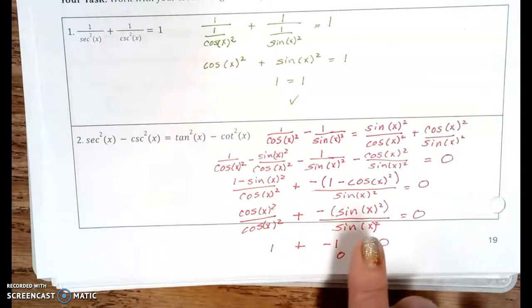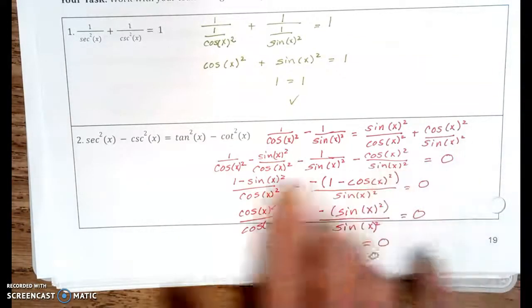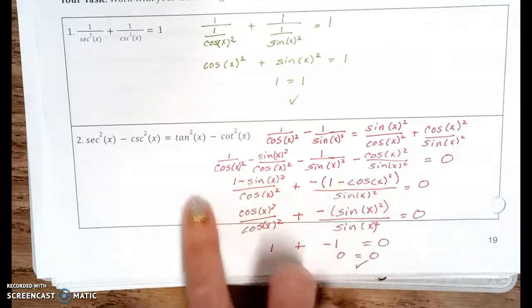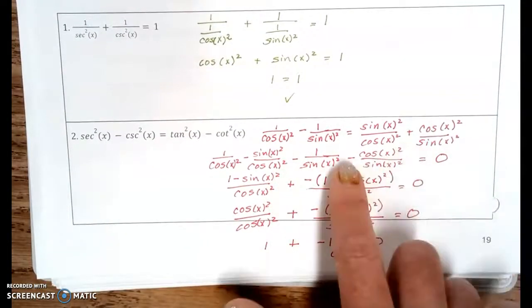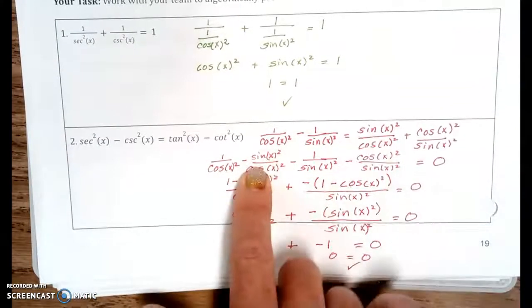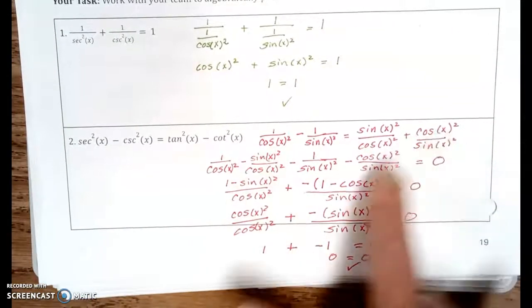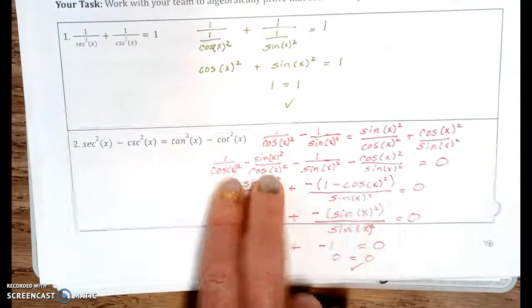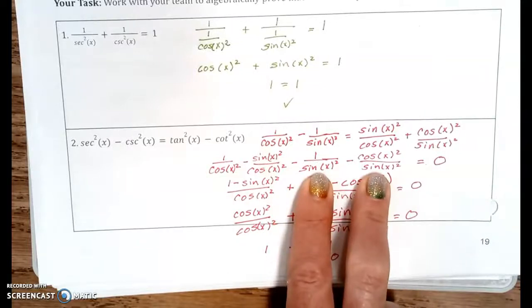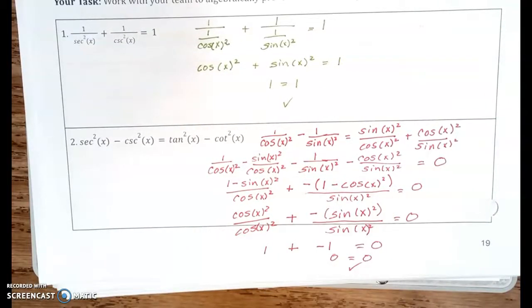Now we're going to move everything to the left-hand side. Just do the opposite of this, and the opposite of this becomes that one, and the opposite of that becomes that one. So I grouped them together because these two were both cosine, and these two are both sine, so we can rewrite them with a common denominator.